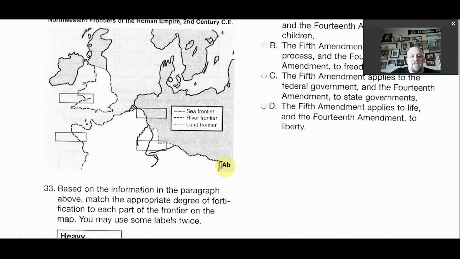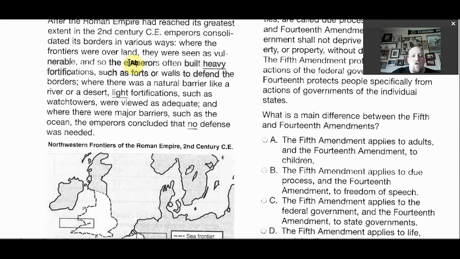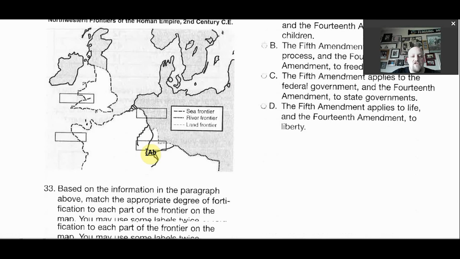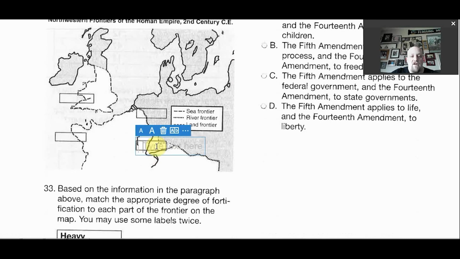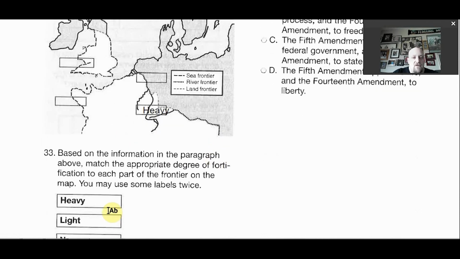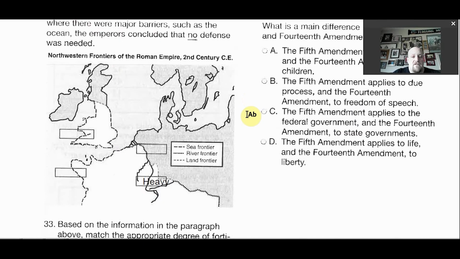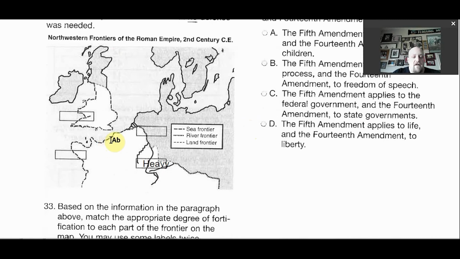So, like it said, we're going to look at heavy. So heavy were fortifications that were over land. So the only one that's truly over land is right here. So that's heavy. Light. So light fortifications, look back up here. Watchtowers are adequate. And they were built where there was a river or desert. So you're going to look on here.